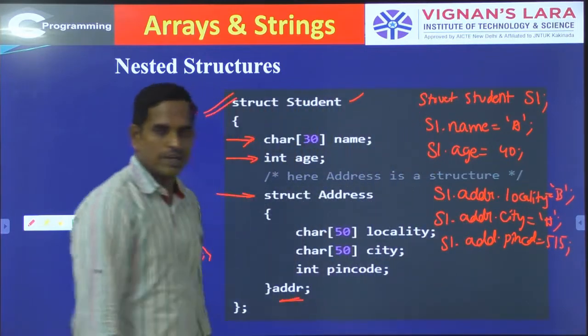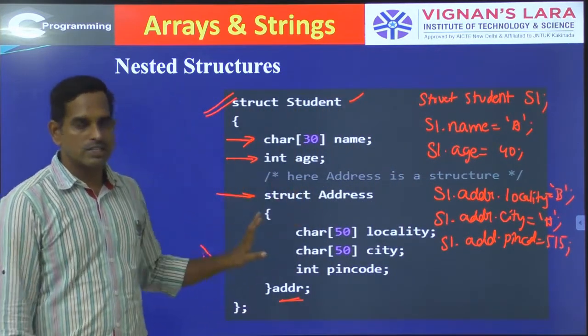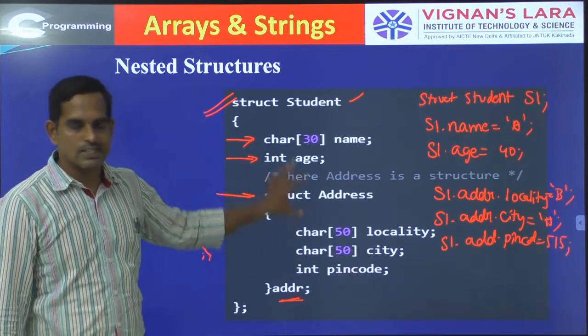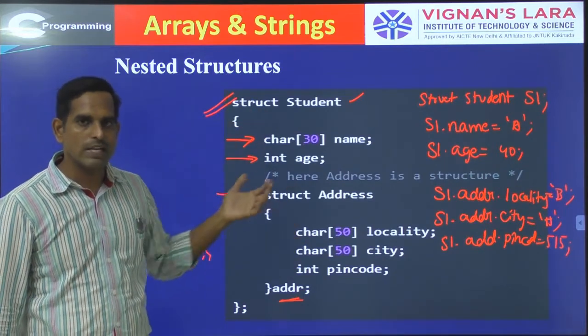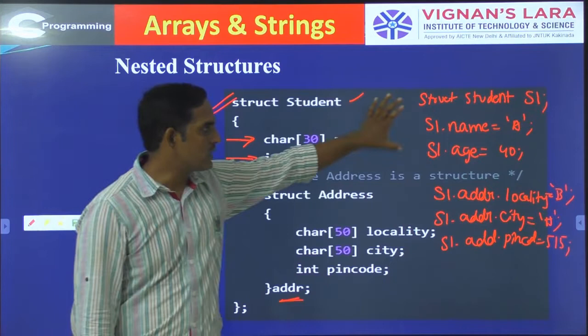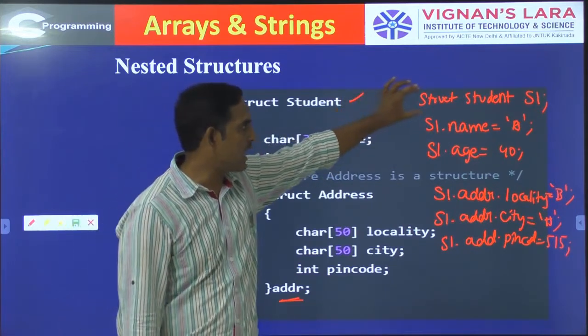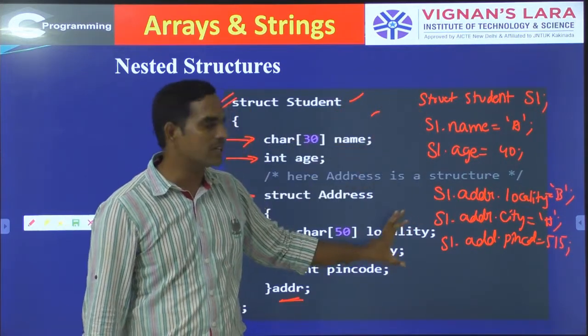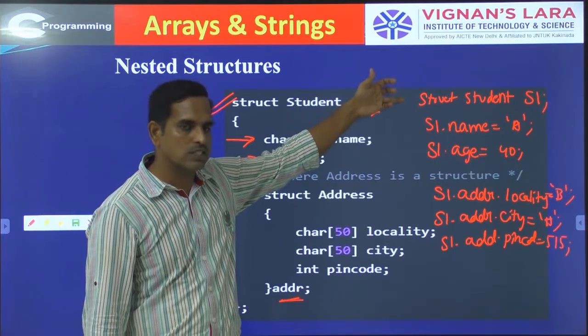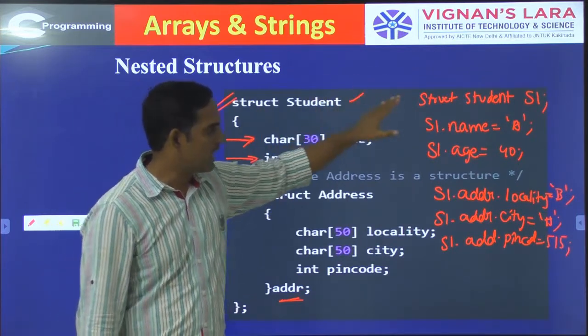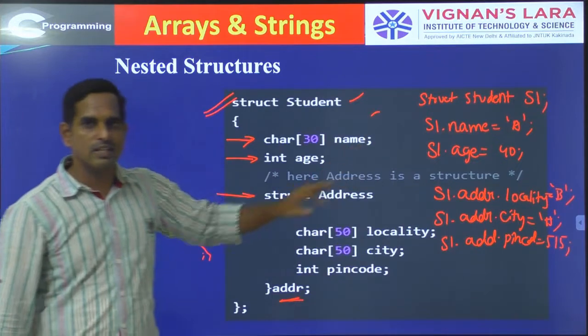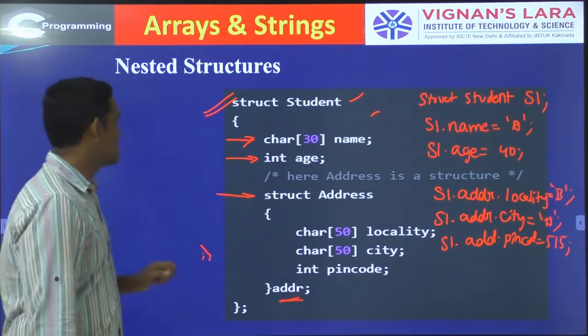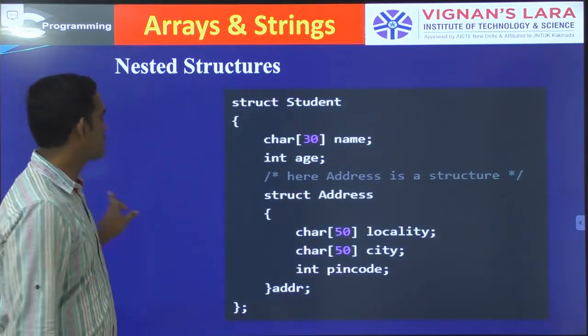That is how you can access your nested structures. Having one structure inside another structure, we call it nested structures. First you have to create the structure variable for your outer structure and then access them one by one in this manner. So this is regarding nested structures.